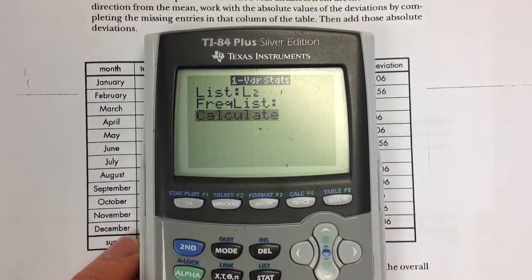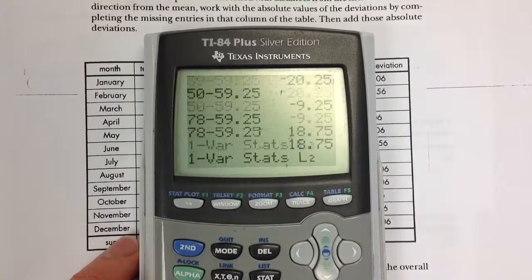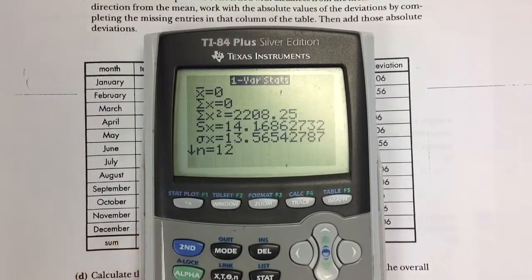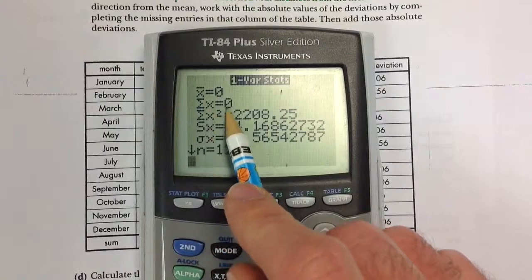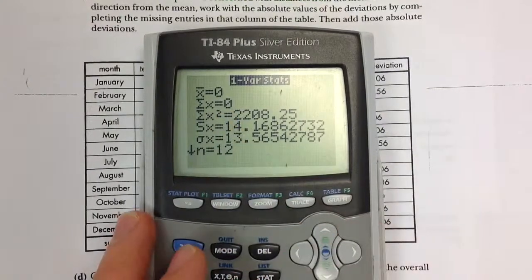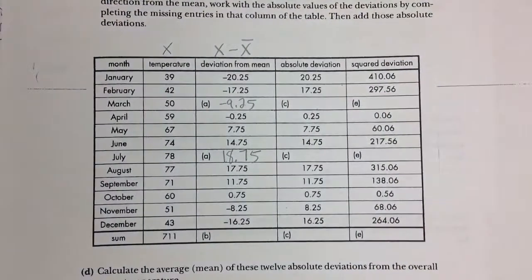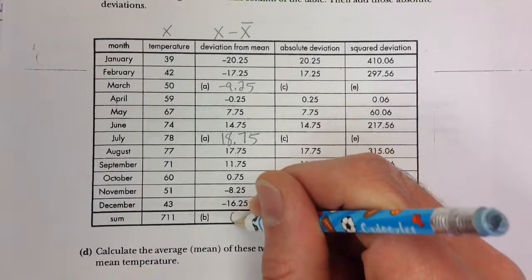And then calculate. What's the sum? 0. Okay, sigma x, capital sigma x, is the sum of x. It is 0. That's what it's supposed to be.